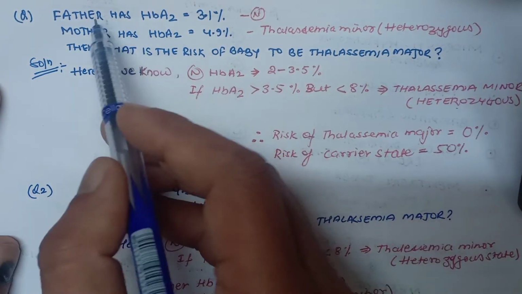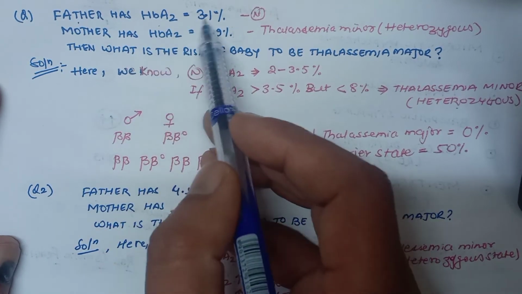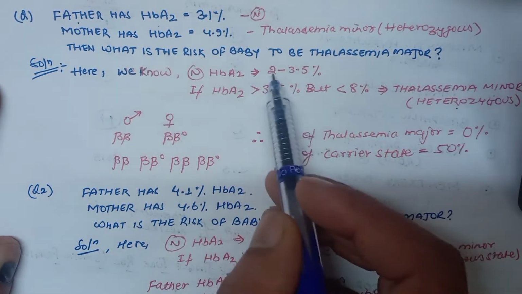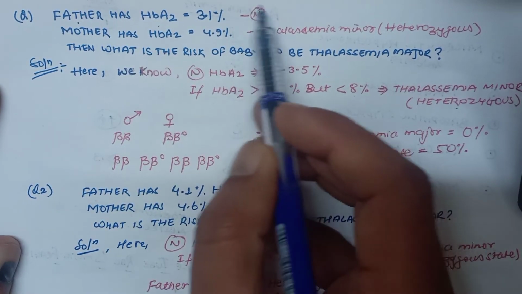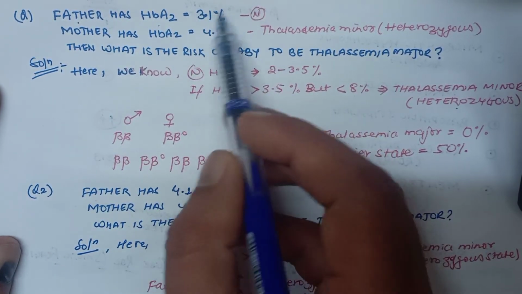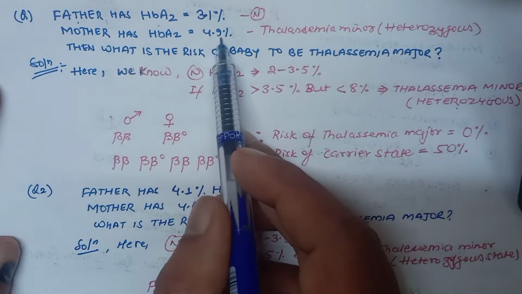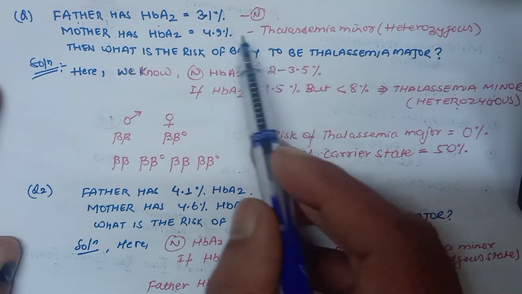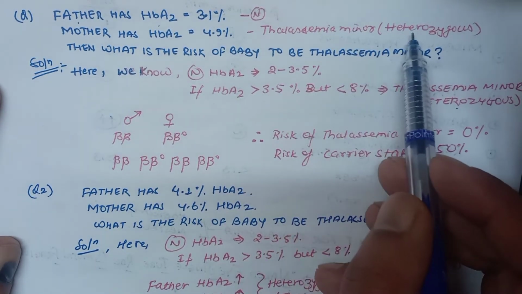The father has HbA2 3.1%, which is less than 3.5, so it is normal, whereas the mother has 4.9%, which is more than 3.5, so she has thalassemia minor, of heterozygous type.